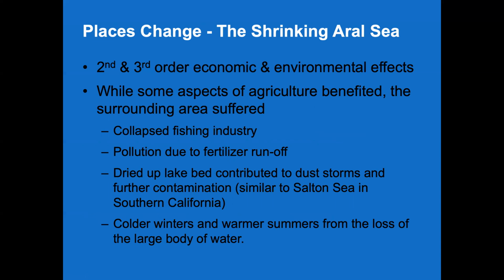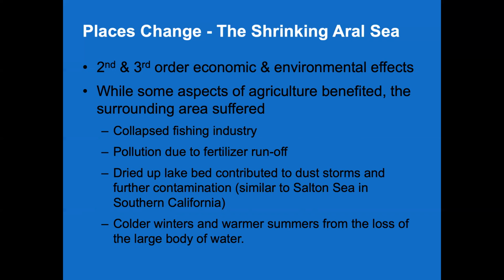So there are second and third order economic and environmental effects. Because it used to be a fishing industry, and now it received water from agriculture, that water has fertilizer in it, right? It has animal waste, and it has pesticides.